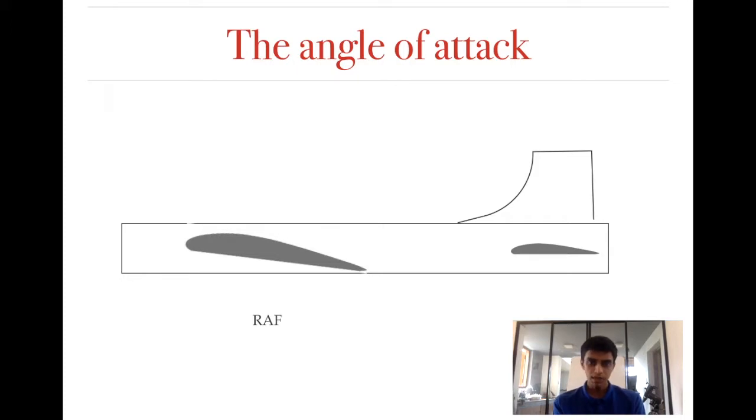If you take a look at the wing, it's not horizontal. There's a small angle, which in this case is around 7 degrees. This angle, the angle made between the chord line and the relative airflow, is called the angle of attack. Relative airflow is essentially the name given to the airflow which is undisturbed by the airfoil.